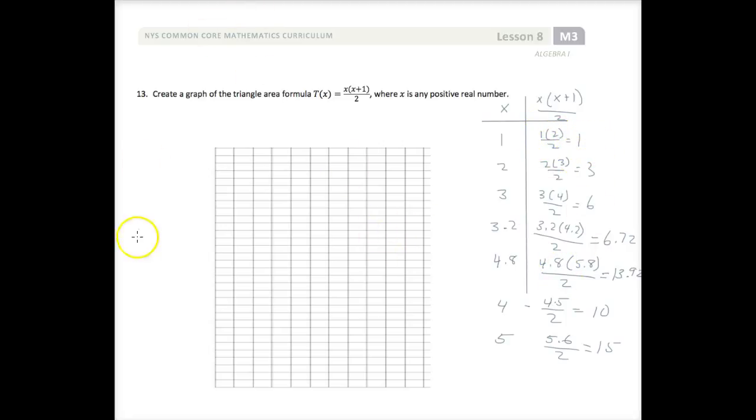All right, let's graph these points. This won't be quite as easy. Well, it'll start out easy. 1, 1, 2, 3, 3, 6. This one may become a little more obvious. I think really I spread the other curve out a little too much. 3.2 is at 6.72, which means 3.2 is a little way out, but not quite 7. 4 is at 10.